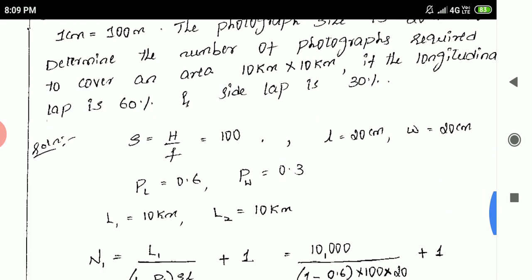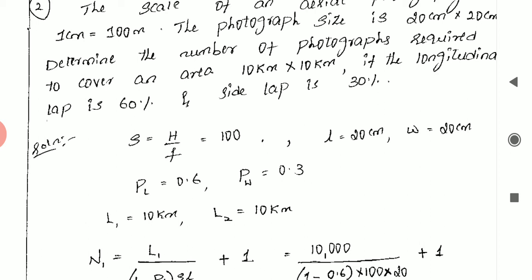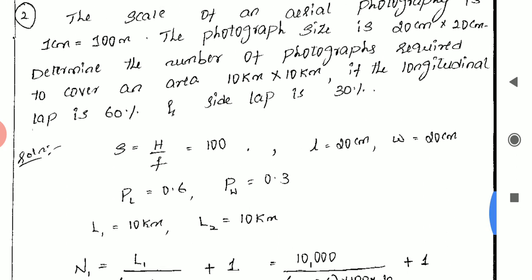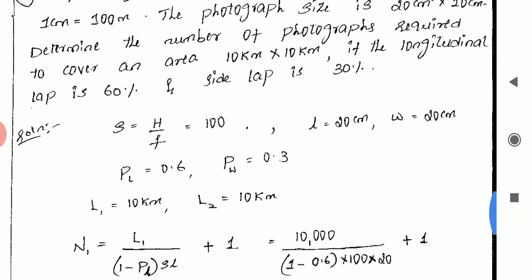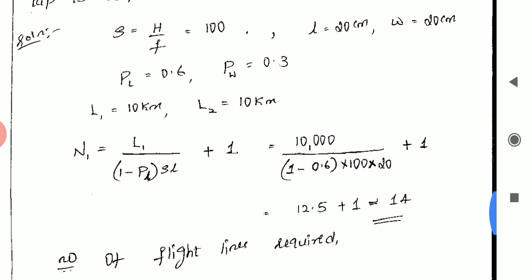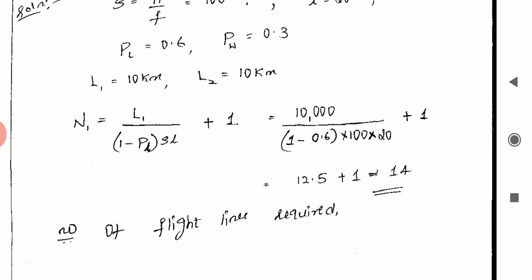See here, S equal to H by F. Already we know H is in meter, F in centimeter. So by solving it is 100. L equal to 20 centimeter, W equal to 20 centimeter, PL and PW are mentioned, and L1 and L2 are mentioned, that is 10 kilometer. By using the N1 formula we will get the answer.